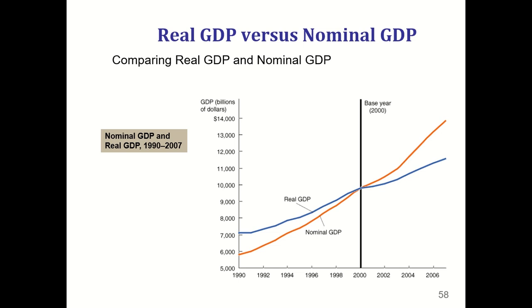If there was some inflation in the economy between 2000 and 2004, then it is obvious that the prices in 2004 would be higher than the prices prevailing in 2000, and because we are using a higher price indicator to compute the nominal GDP, my nominal GDP is higher. When I'm computing the real GDP, I'm using the prices of 2000. As I'm using a lower price figure, my real GDP for 2004 is less than the nominal GDP.